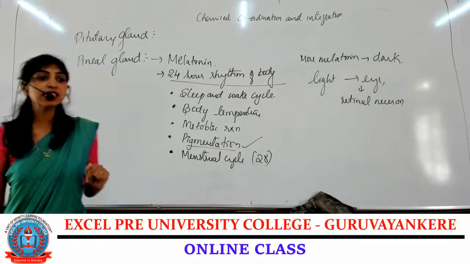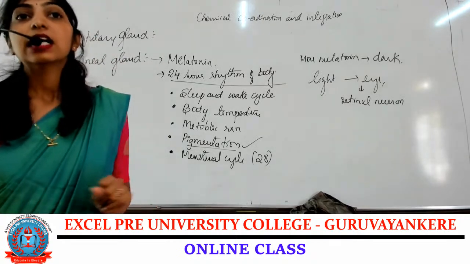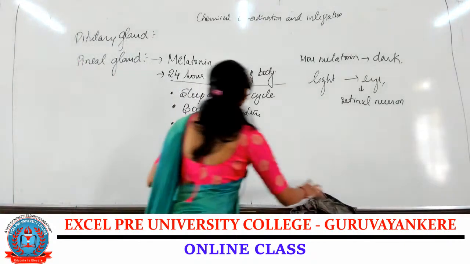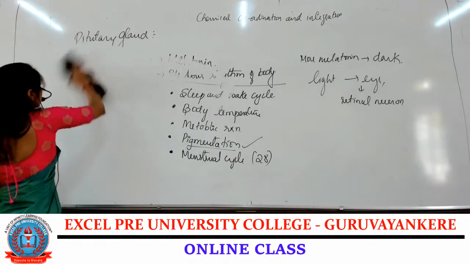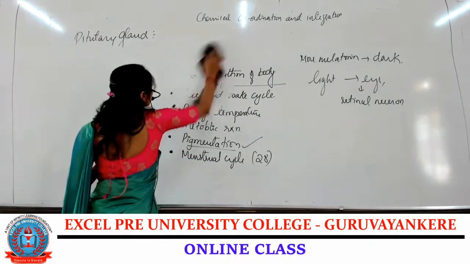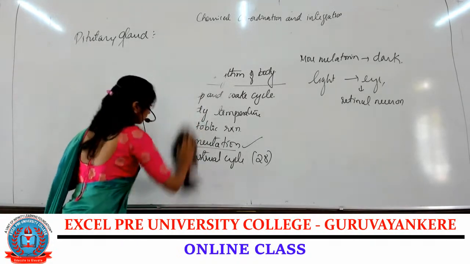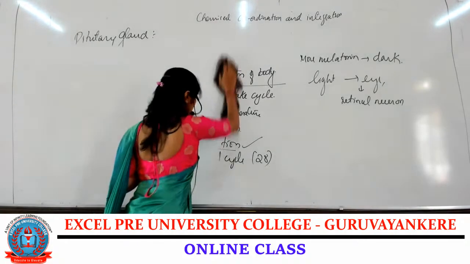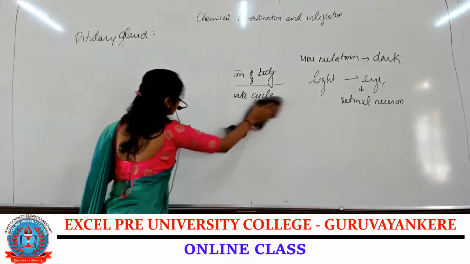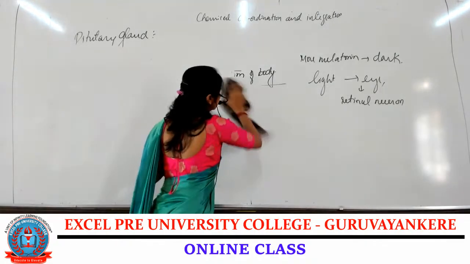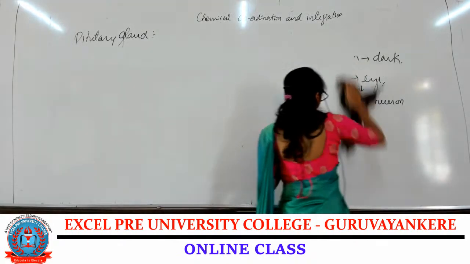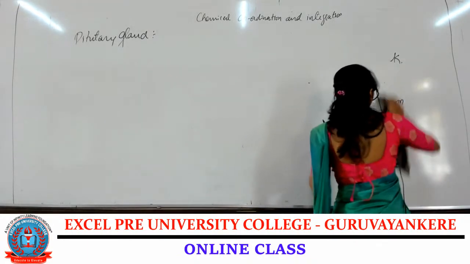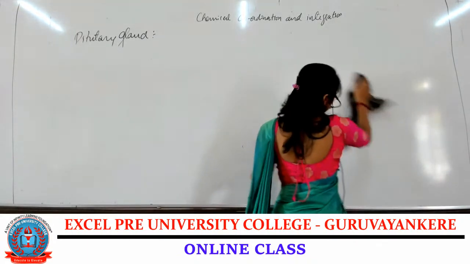Coming to the next gland, that is the thyroid gland. Where is this thyroid gland located? On either side of the trachea.